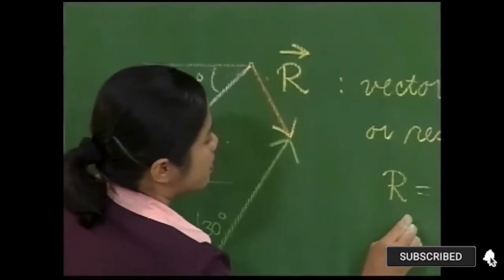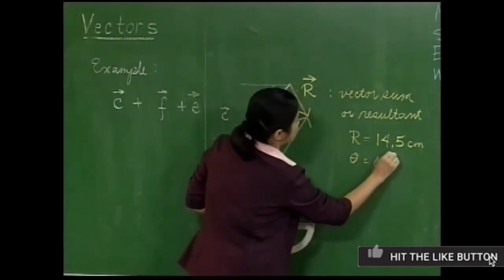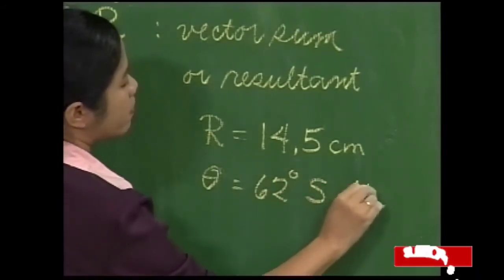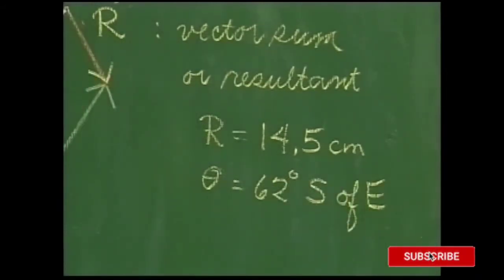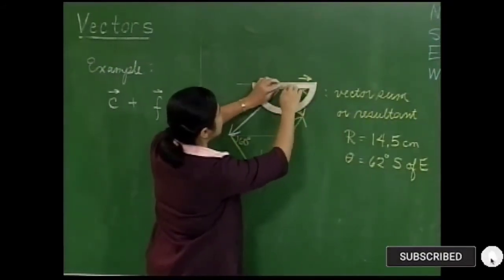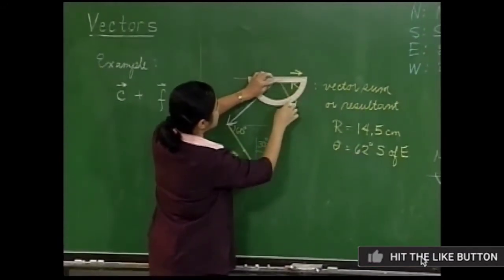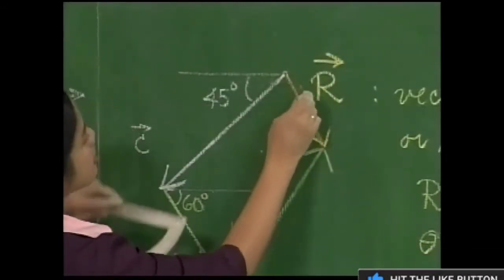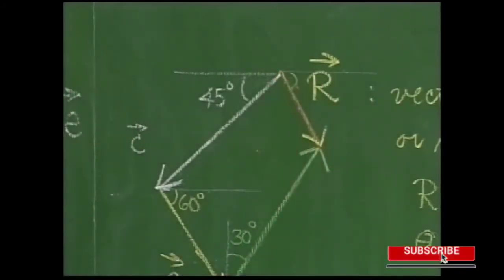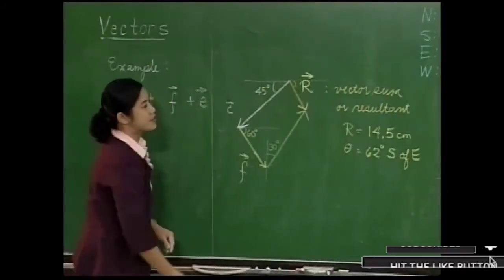So theta is 62 degrees south of east. Again, I measure from the horizontal. I measure this angle. So 10, 20, 30, 40, 50, 60, around 62 degrees. So this is your theta. This is your vector sum.